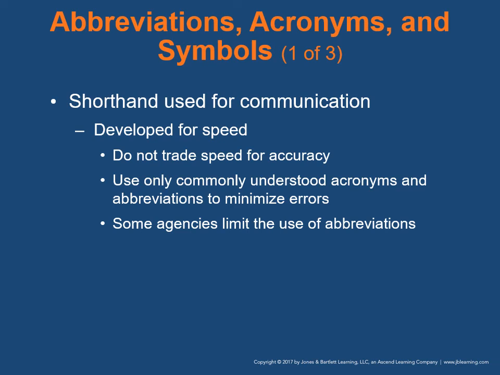When you use an abbreviation, you pronounce each letter of the abbreviation separately and distinctly. For the abbreviation EMT, you say E-M-T. When you use an acronym, you are shortening several words, usually using the first letter of each word to make the acronym.